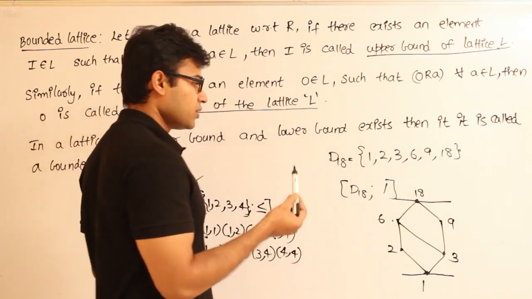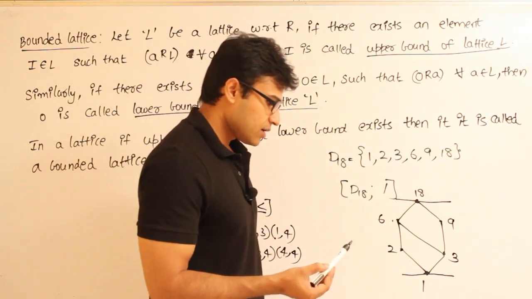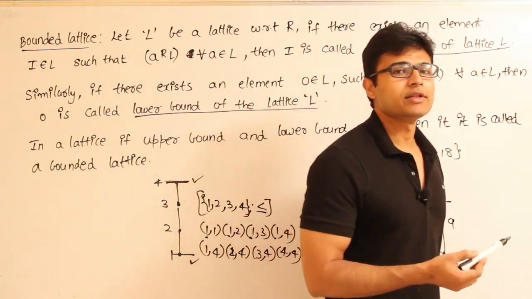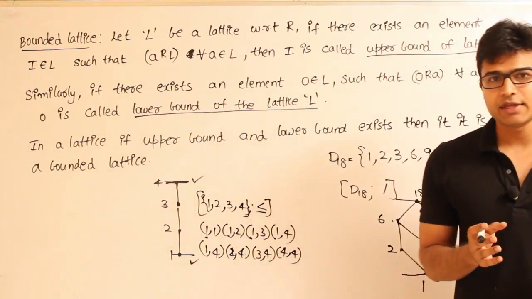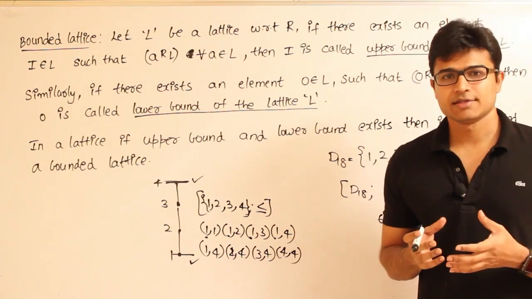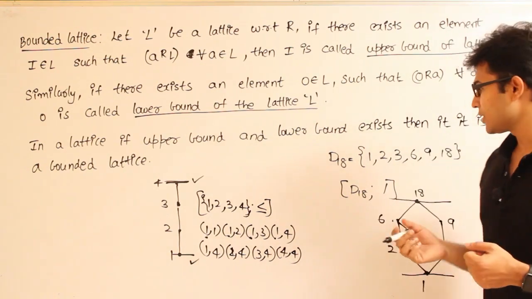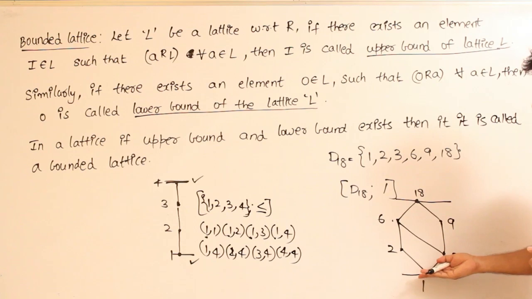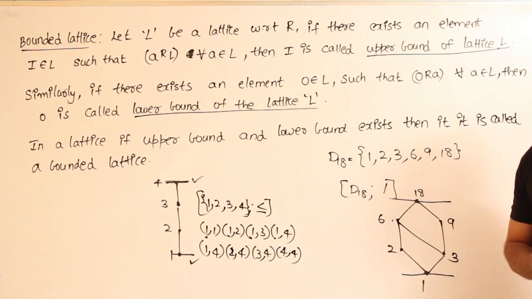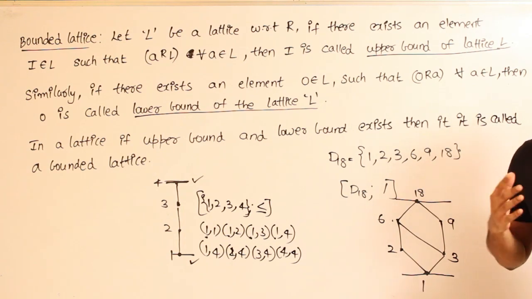Earlier the least upper bound and greatest lower bound were concepts where we took pairs of elements. But here, instead of taking pairs of elements, we are talking about the entire lattice as a whole, the lower bound and upper bound of the lattice. Using these concepts we can define the bounded lattice.